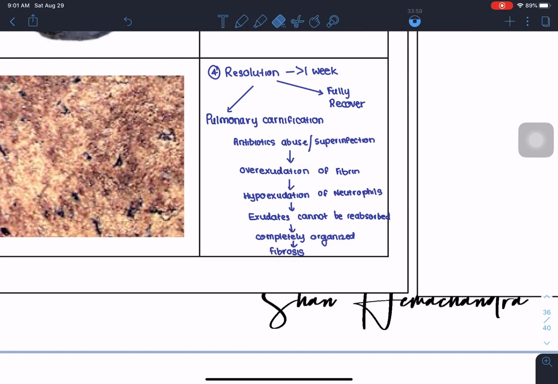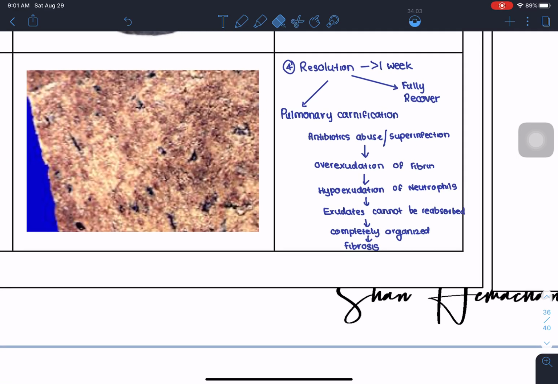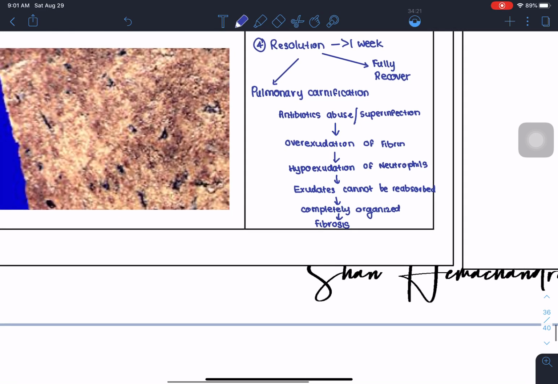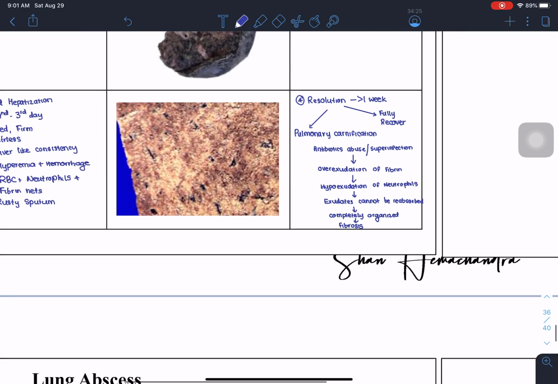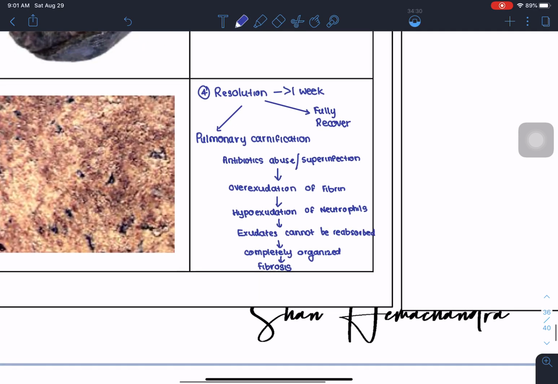that will lead to the over release of fibrin. You have more fibrin released into the lungs. So now it's filled with fibrin. Neutrophils can't come out. Exudates, what has been released into the alveolar spaces, cannot go back in. Therefore, over time, after a week, they will organize and form a non-functional lung that is due to fibrosis. Again, antibiotics abuse.